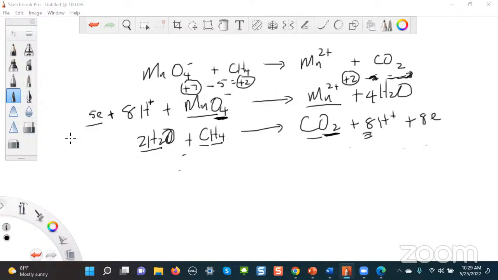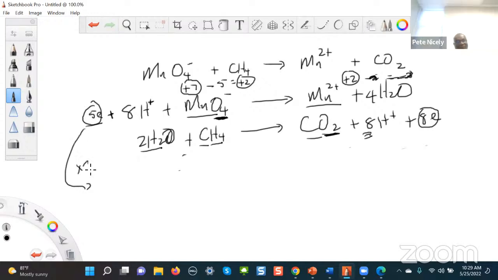So you multiply. You want to make the number of electrons here and here equal, right? So multiply top by 8. Multiply this one by 8. Yeah. Okay, let's do that.